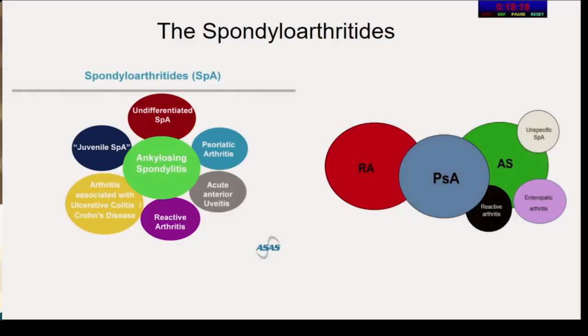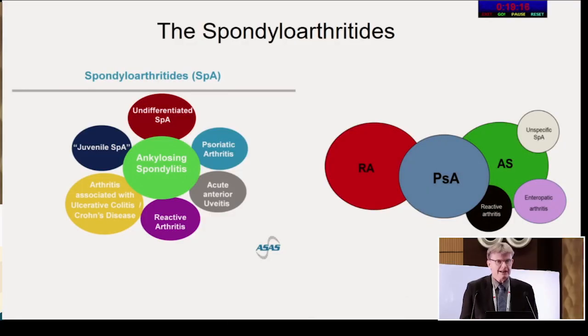And as you all know, spondyloarthritis is a group of diseases which share some common genetic, clinical, and also imaging aspects which make them overlap in different ways. But they are different diseases, and they can be divided in different ways.